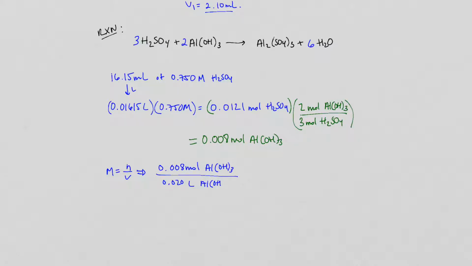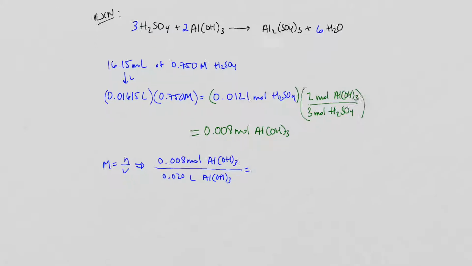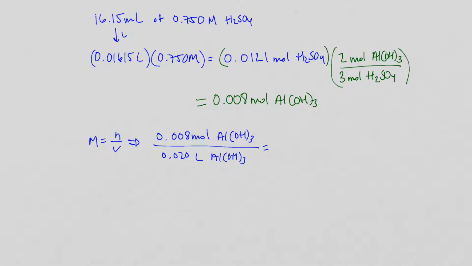Oh, whoops, sorry. Yeah, we all make mistakes. And that gives me 0.400 molar aluminum hydroxide. That one I will box and underline.